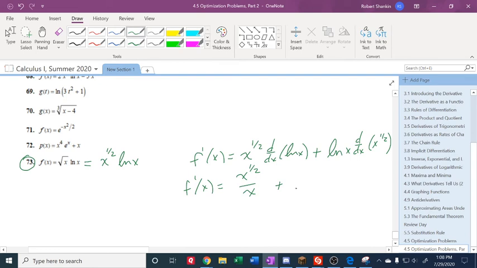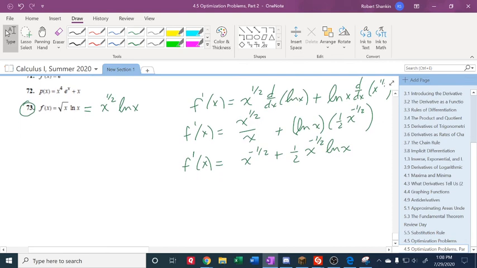And then ln x, the derivative of this is 1/2 x to the negative 1/2. Okay, so we'll simplify this as much as we can. Subtract the exponents, you get negative 1/2. Plus, and I'm going to rewrite the order. It's like such. All right, so that's the simplest way I can rewrite f prime.